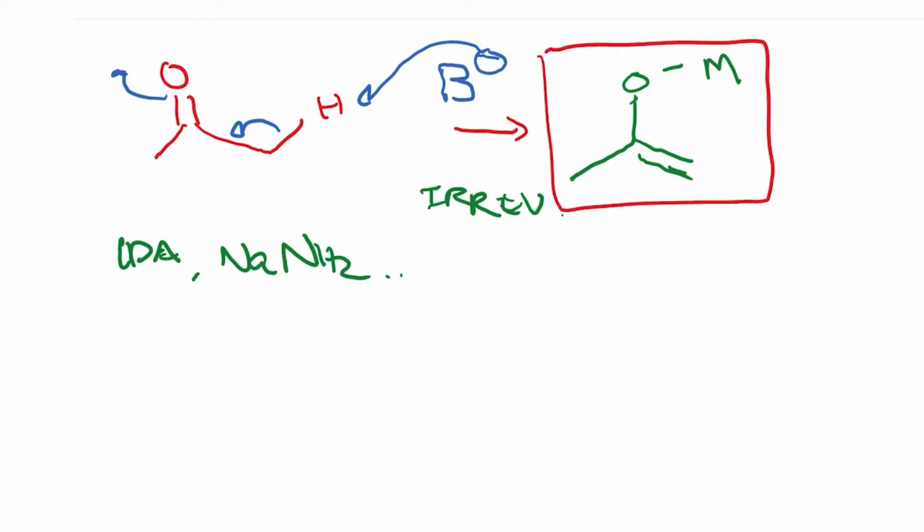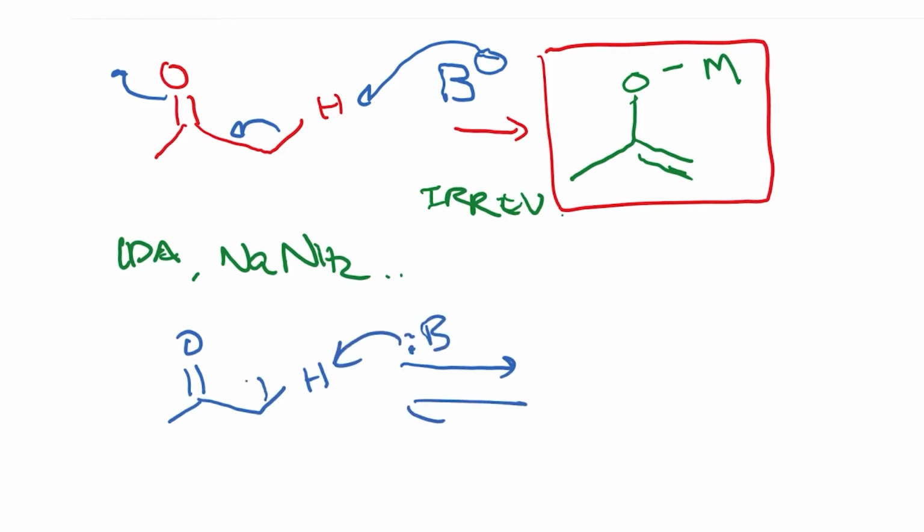But you can also do the same process by using bases which are not as strong. For example, you can use amines, which have a lone pair of electrons. This can happen, but it is going to be some sort of an equilibrium.